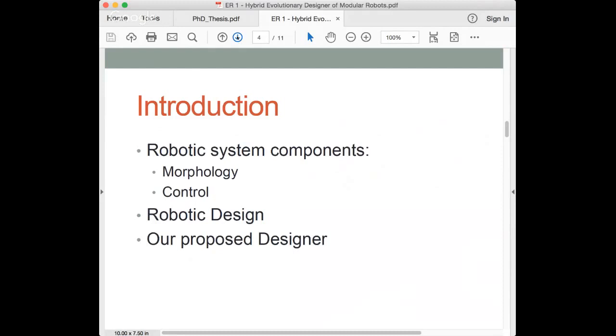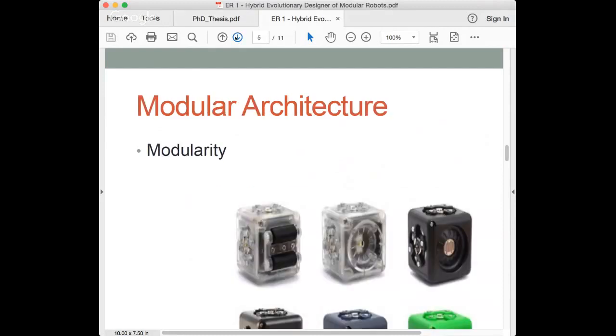And since behavioral physical systems are more difficult to design than non-situated and disembodied computer programs due to their dynamic and unpredictable properties, we propose a hybrid genetic programming and genetic algorithm approach to address the challenges of co-evolving the robot's control and morphology. So let's move on to the next slide, which will discuss the modular architecture and the hardware that we use in our research.